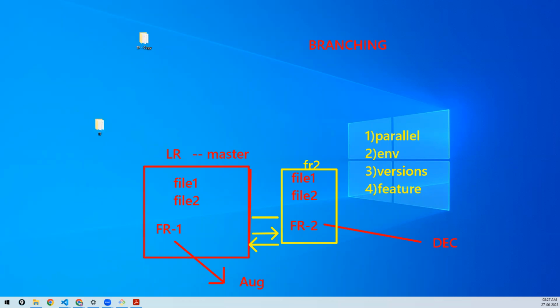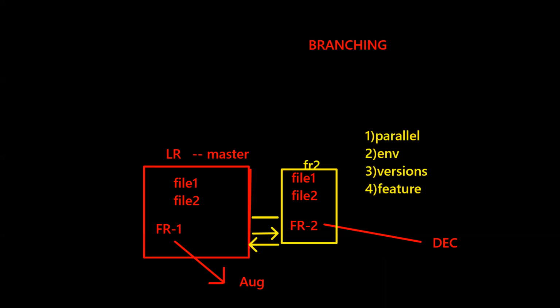Branches can be either permanent or temporary. Suppose I just want to maintain a permanent branch. Let's say I want to maintain versions, a separate branch for dev environment, a separate one for prod, a separate one for stage. You create the branches and maintain them permanently. Or else, I don't want to mess up this master branch. I have some changes to be done.